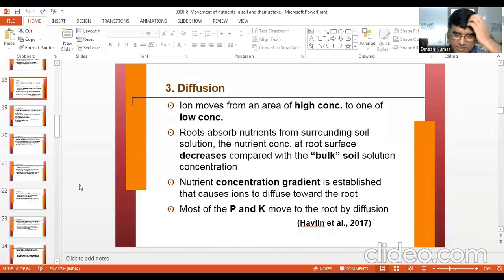Now, can I ask the difference between mass flow and diffusion? Any student can try, at least you can try now. What is the main difference in mass flow and diffusion of nutrients? Please try.